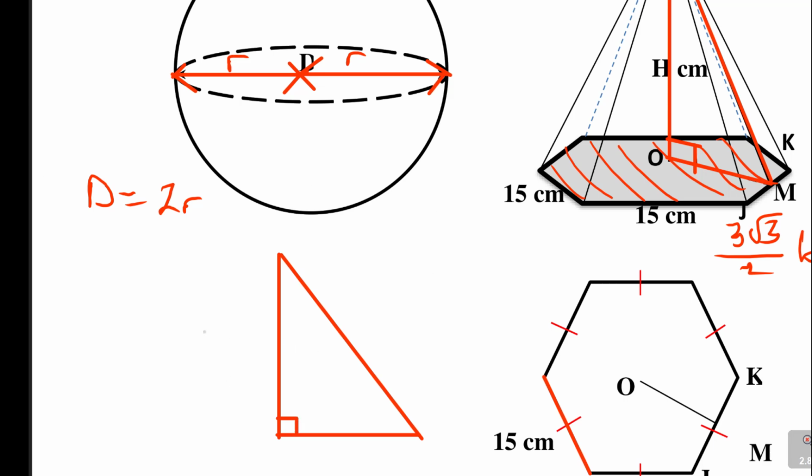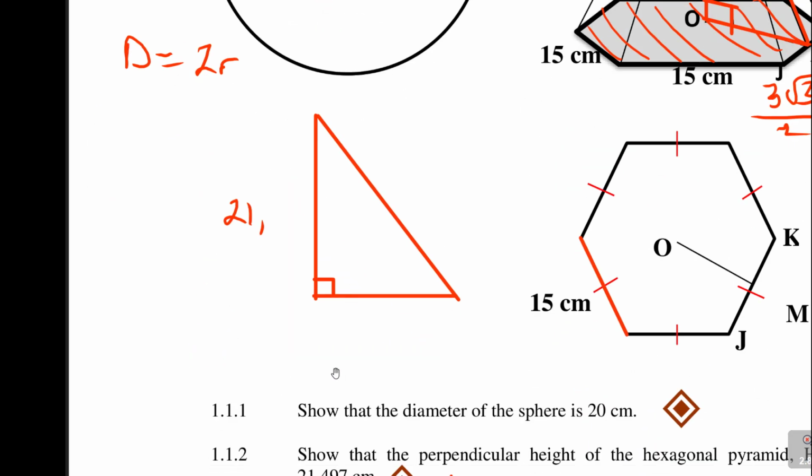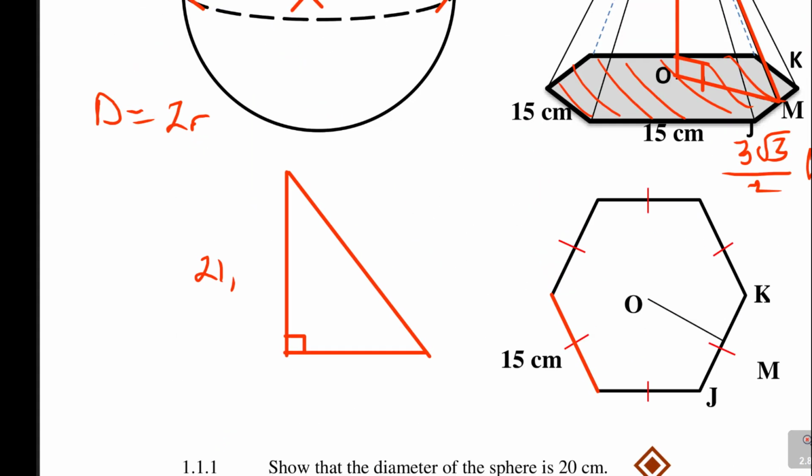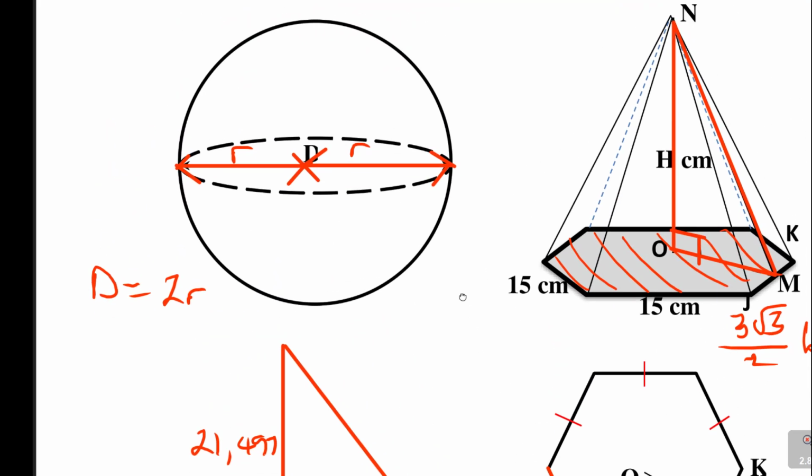Now the edge here, we know it already. They told us the perpendicular height, 21,497. Then they want this slant height, which is our NM.